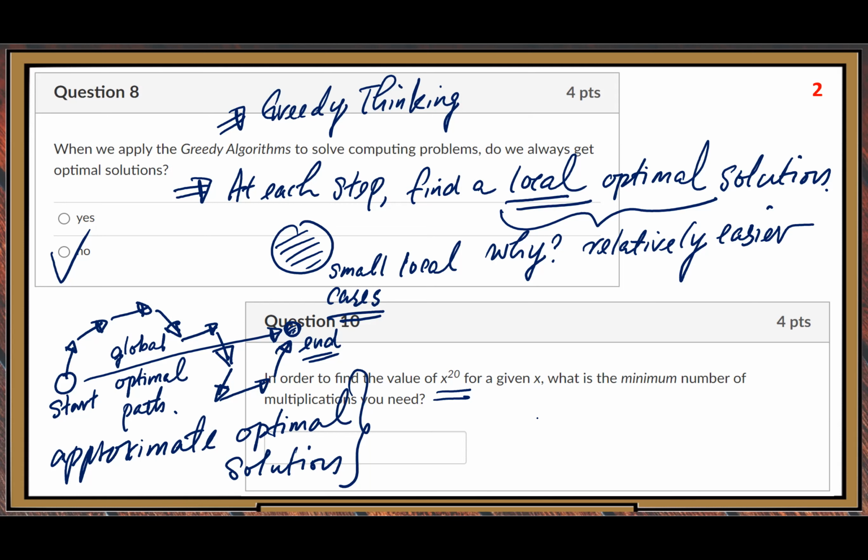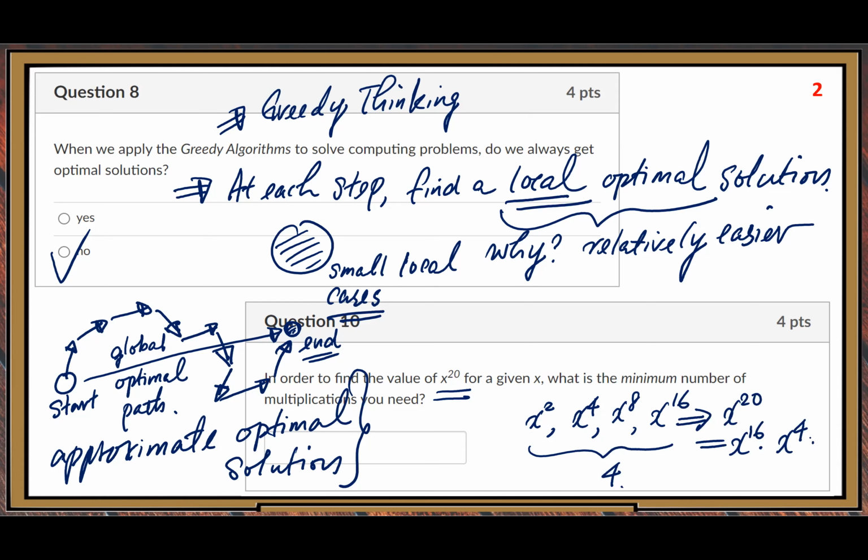Because when we use powers of 2, repeated squaring, 16 takes 4 multiplications, and 20 needs just one more. So this one, I think, is pretty easy for you. Multiply by x to the 4th. All the previous terms you can use.